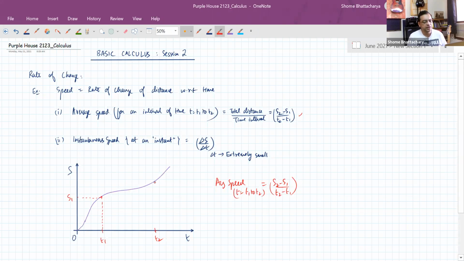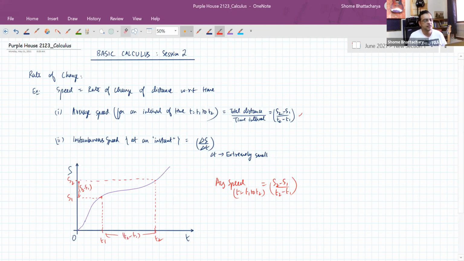Whereas at some time T2 like this, I would have covered a total distance of S2. So the distance covered between time T1 and T2 is this much, S2 minus S1, in this particular interval of time, T2 minus T1.